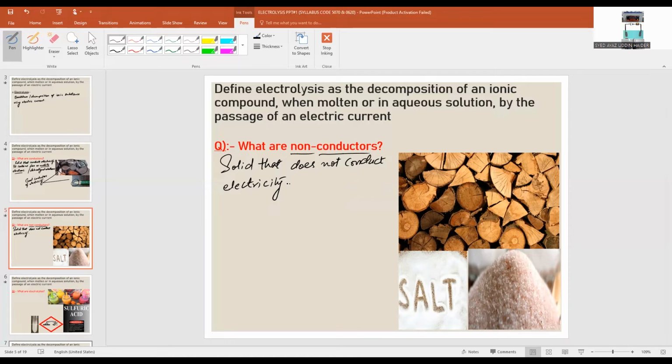They are also known as insulators. Non-conductors or insulators do not have any mobile or free electrons.